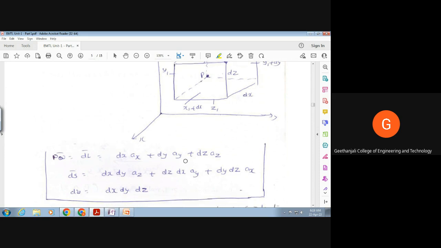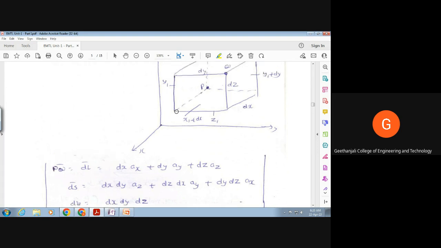Now the differential area. Sometimes in electromagnetic theory, we need to define a surface as a vector quantity. Remember that whenever we want to define area as a vector, the only direction that we need to assign is the outward normal. For example, if you look at the front surface, this dimension is dy, this dimension is dz, and what is the direction of this surface, perpendicular to dy and dz?